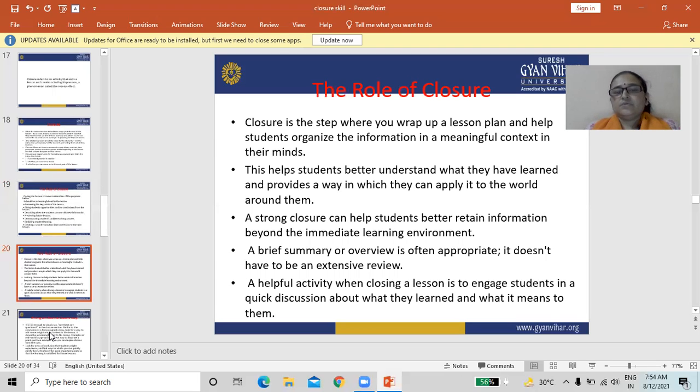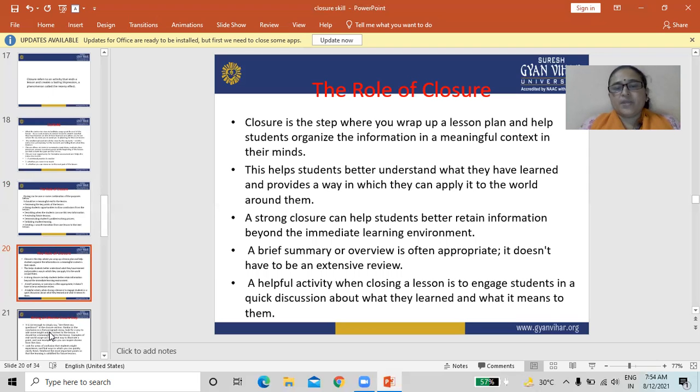This helps students better understand what they have learned and provides a way in which they can apply it to the world around them. A strong closure can help students better retain information beyond the immediate learning environment.